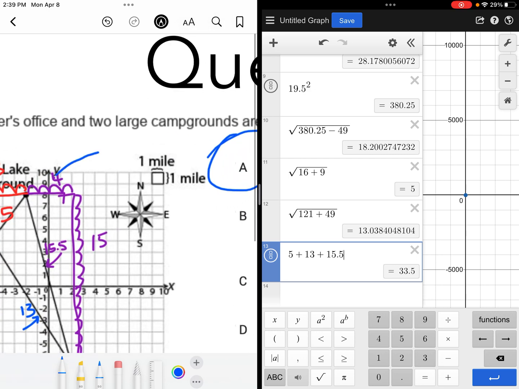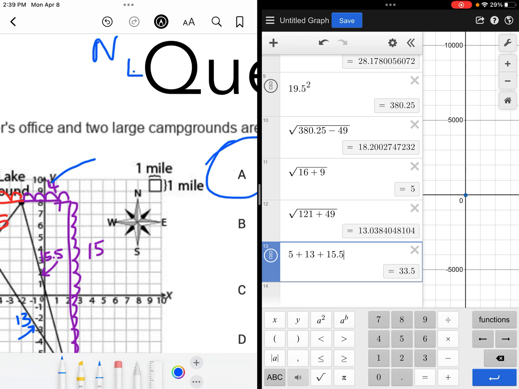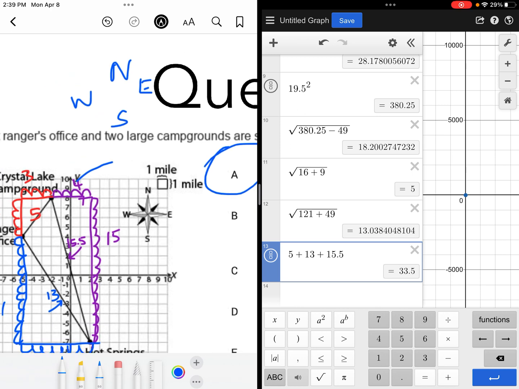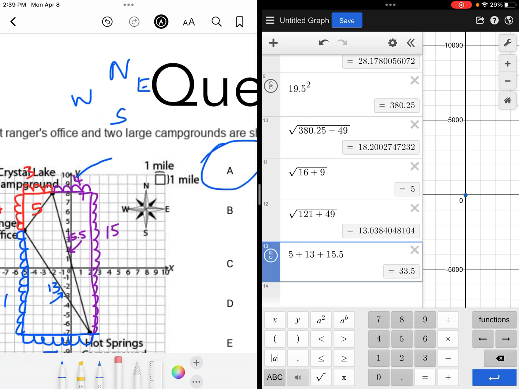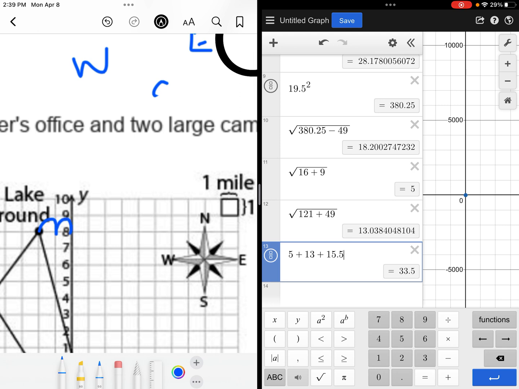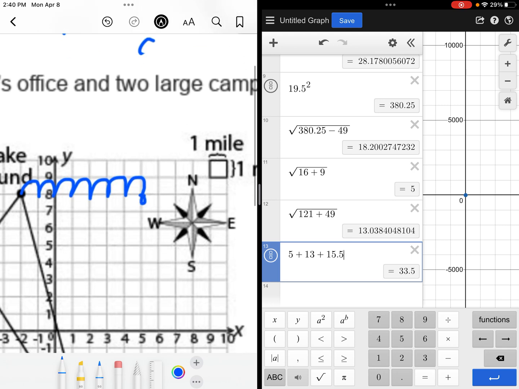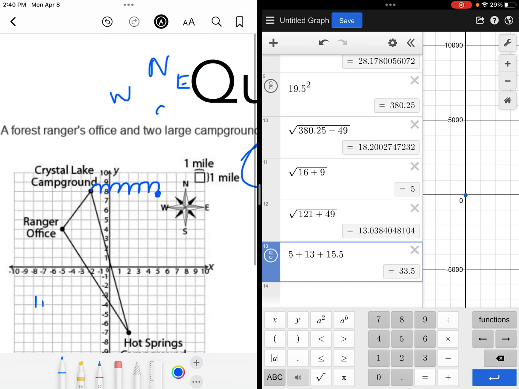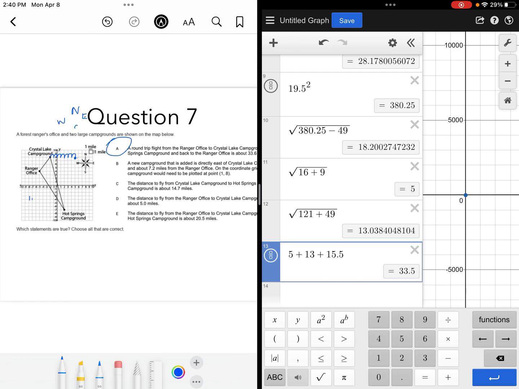Well, if I'm going directly east, never eat soggy waffles. So 1, 2, 3, 4, 5, 6, 7. That would be 5, 8.